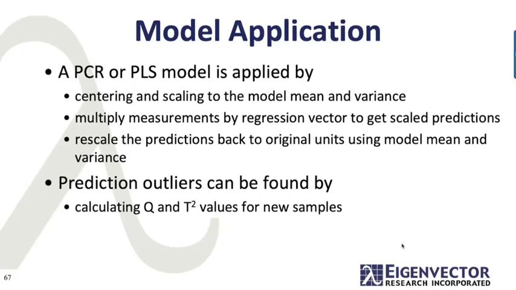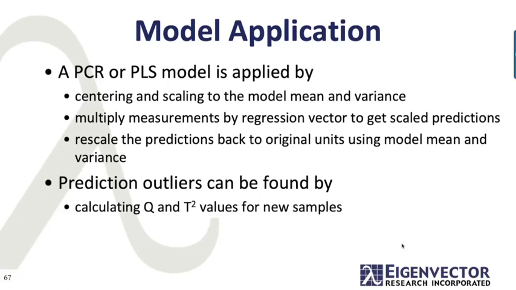We can calculate those Q and T squared values for samples that weren't used in the model development. And so that's all new samples too that are going to be applied to the model here. And so ones that have high Q and T squared values, we know not to trust the predictions on them because they're not similar to the data used to build the model on.